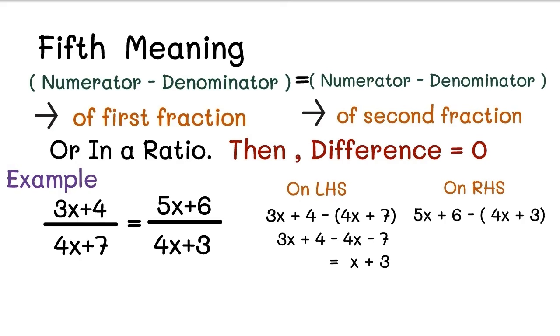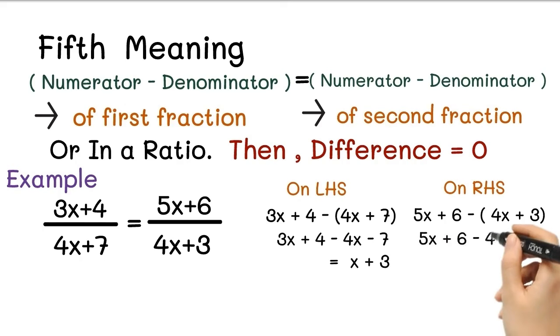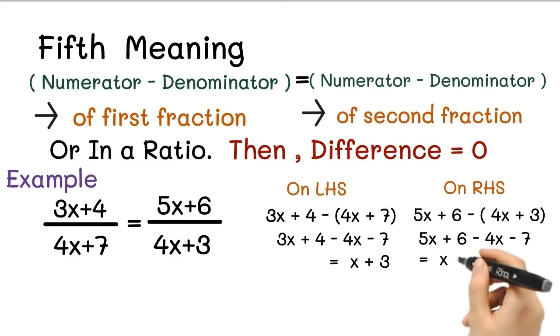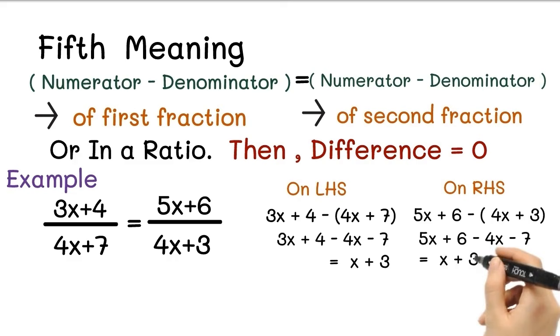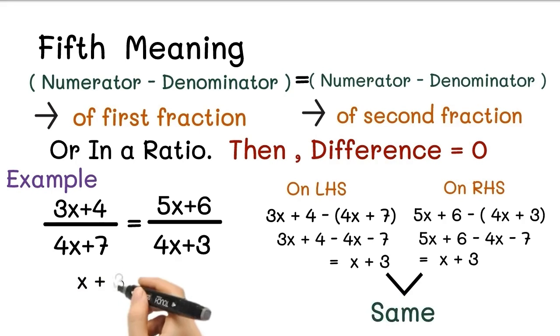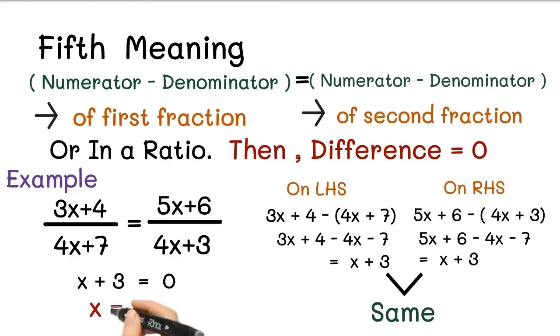Now here we'll do subtraction of like terms. By opening bracket we will get 5x plus 6 minus 4x minus 3. So the answer is x plus 3. So you can see both the differences are same, so that we can equate that difference with 0. So x plus 3 equals 0. That means x is equal to minus 3, and this is the solution of this equation.